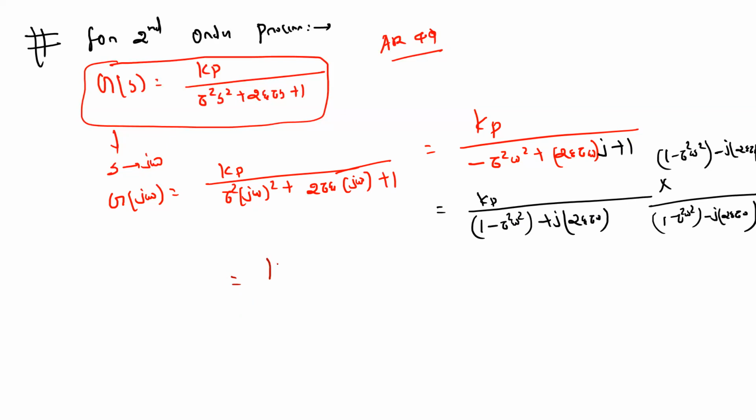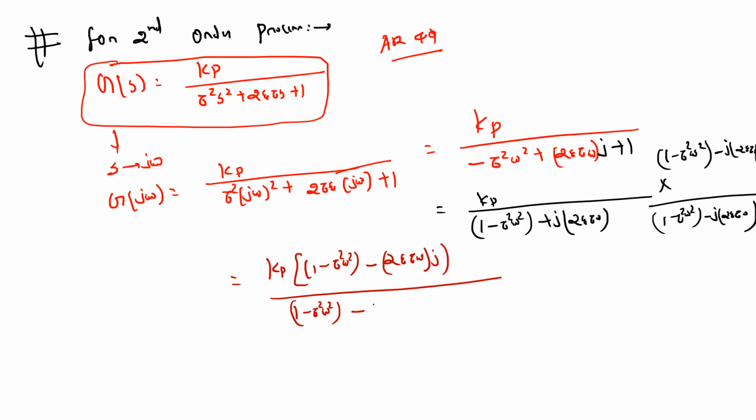So finally, you will be getting Kp into (1 minus tau square omega square minus 2 zeta tau omega j) divided by (1 minus tau square omega square) whole square plus (2 zeta tau omega) whole square. So this is your real part and this one is your imaginary part.